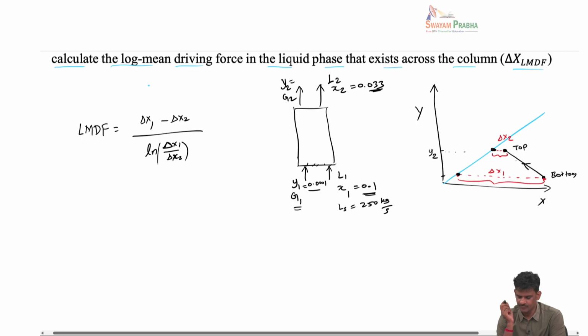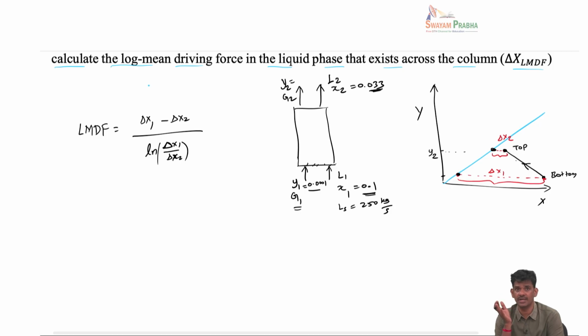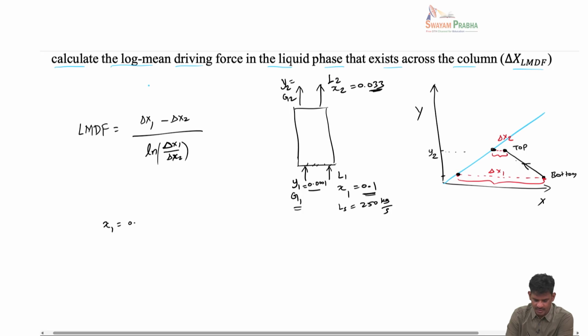So we need to work with mole ratio units. So x1 is 0.1. From here, if you calculate capital X1, this comes out to be 0.11.